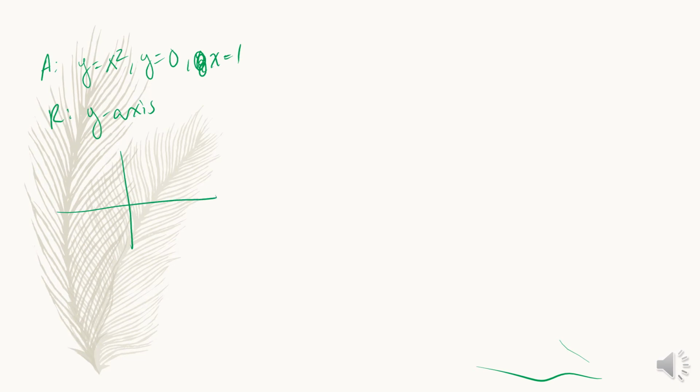What I'm going to do is, first thing, let's draw this picture. So y equals x squared, y equals 0, x equals 1. It looks like my picture is going to be this kind of almost a triangle, but the hypotenuse is a curve.